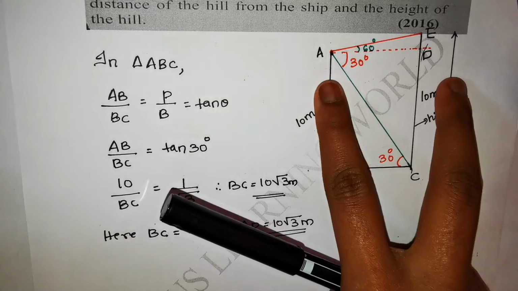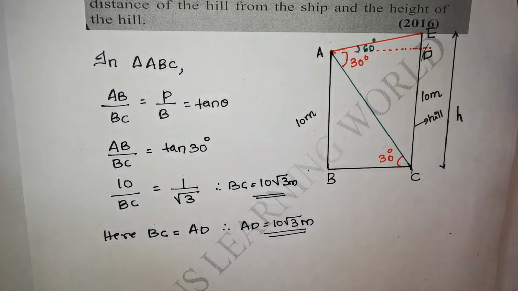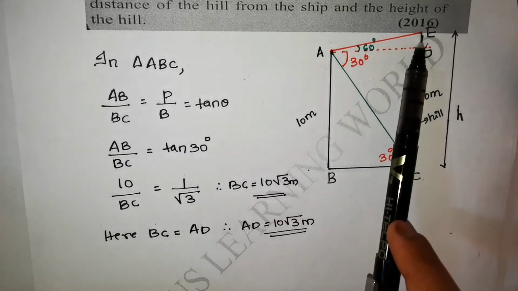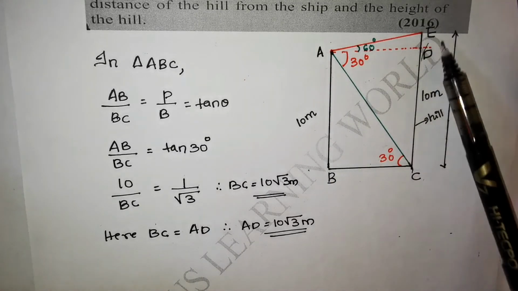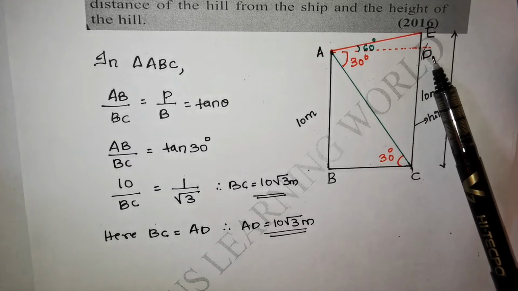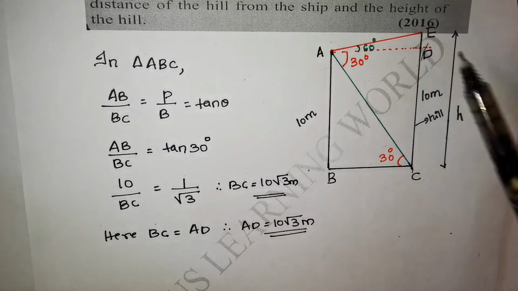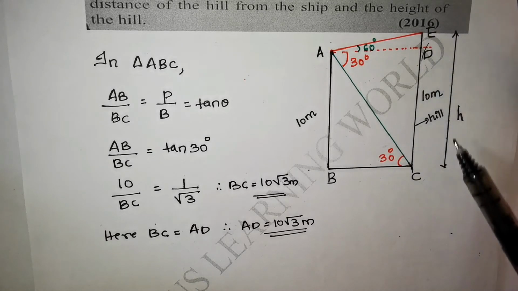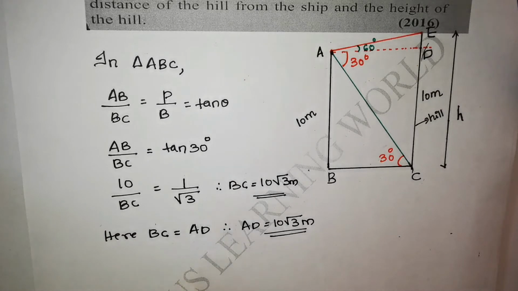So we got the measurement of this AD. If we take this triangle only, we will be able to find the remaining ED. If we get ED, we can add this ED to this 10 to find the total height of the hill.